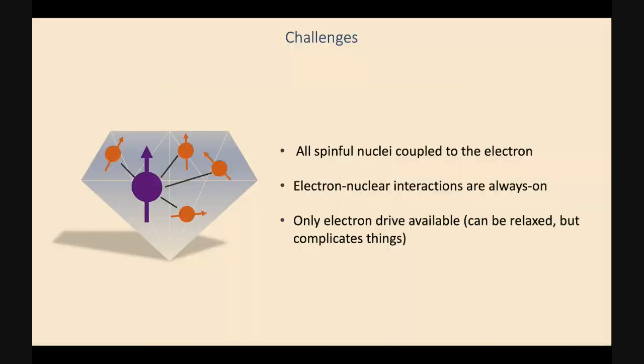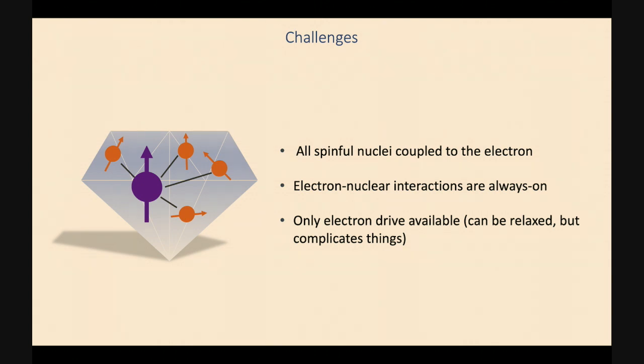Here, it's not too different actually if you look under the hood in the IBM, but here it's very much in your face, the fact that all the nuclei are coupled all the time to your NV center. So your interactions are very much non-switchable. They're always on. And moreover, in the simplest case that I will be focusing on and that many experiments focus on, you are only driving the electronic spin.